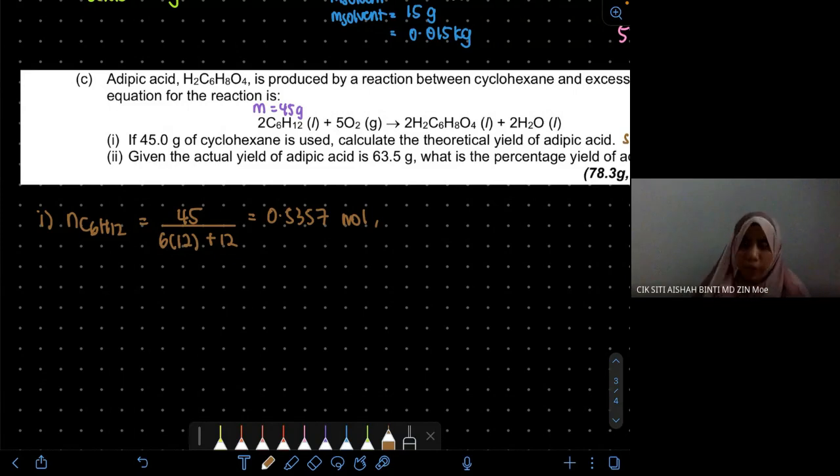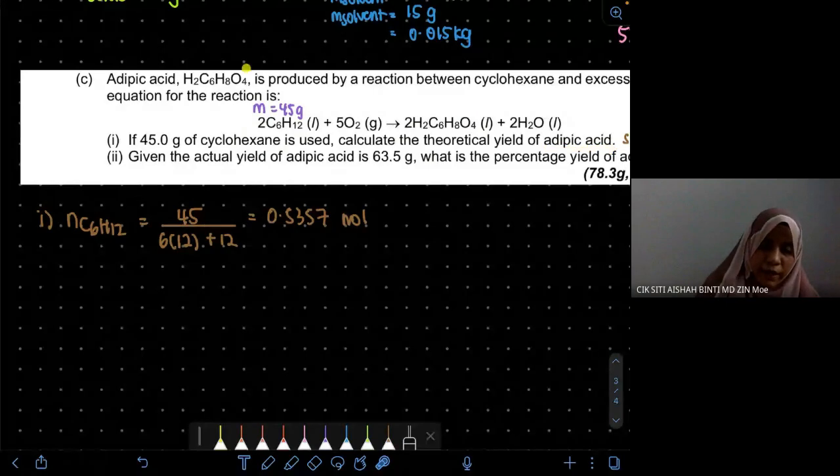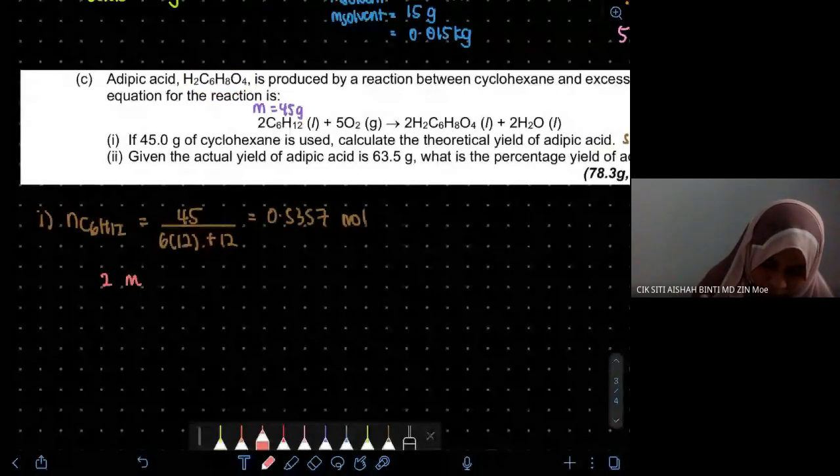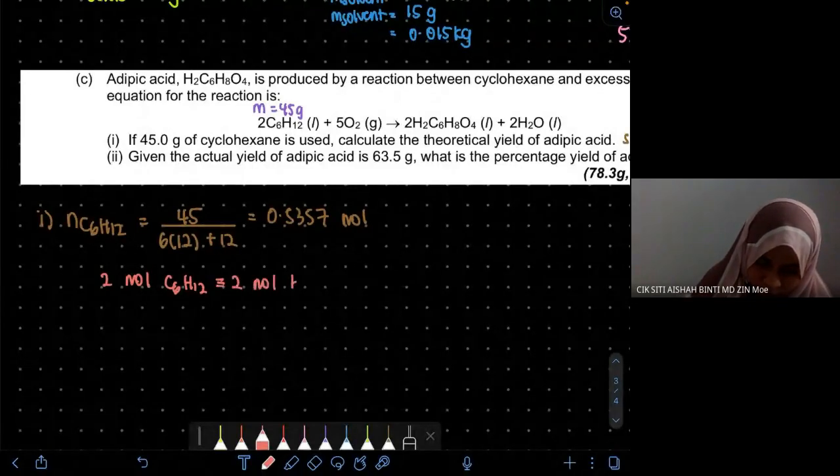So kita bolehlah buat straightforward sahaja comparison. Kalau ni adalah 0.5357 mole, what is the number of mole for our adipic acid? Kalau kamu tak tahu adipic acid ni yang mana, kat sini dah bagi tahu, H2C6H8O4. Okay, so then we're going to do our comparison. 2 mole of C6H12 equivalent to 2 mole H2C6H8O4.